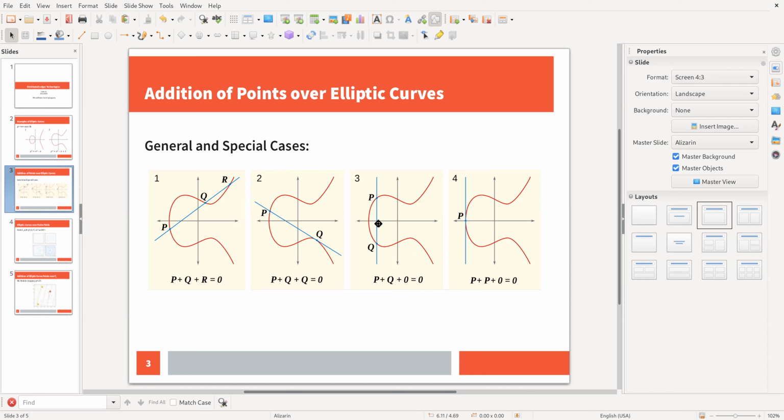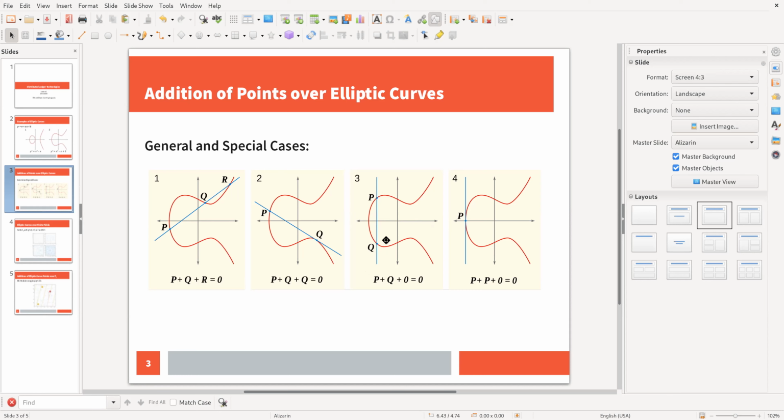If we say P plus Q plus 0, which is the same as infinity point, is 0 according to our definition, then we can notionally say that Q is the inverse of P. And indeed, in an elliptic curve, the inverse of any point is the point reflected around the x-axis. So in this case, indeed, Q is a reflection of P.